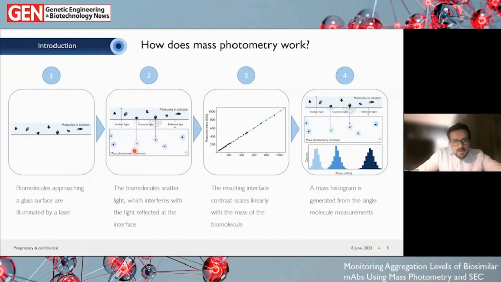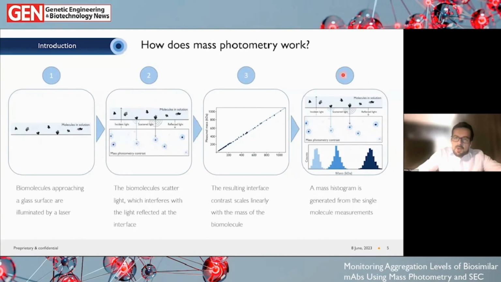For some of the more eagle-eyed amongst you, you'll see that some of these interferometric contrast patterns have different intensities. And what we know from a whole range of different studies that have been performed over the years is that there is a very good relationship between contrast and mass. The contrast scales very linearly with the mass of the biomolecule.